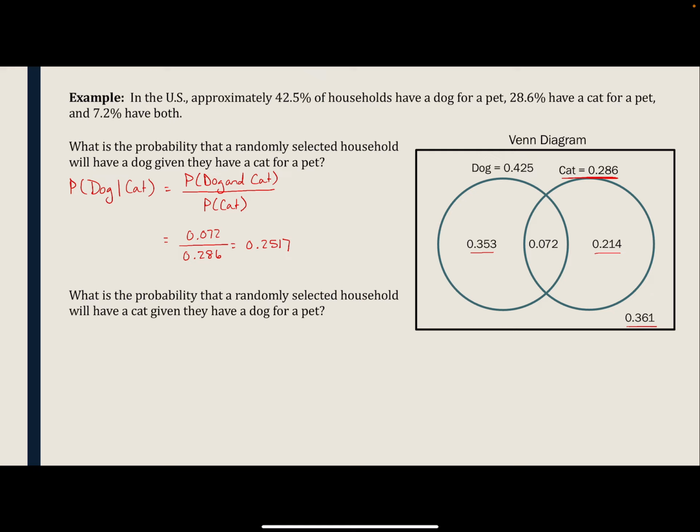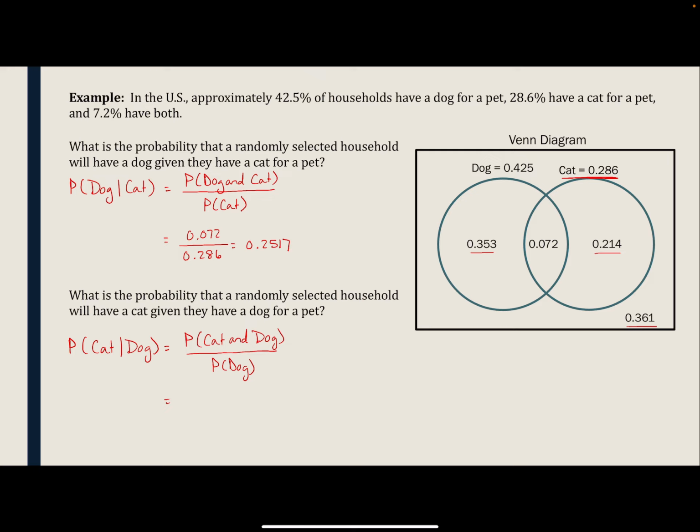The next question says, what's the probability that they will have a cat given that they have a dog? So I just switched them around. I did that because I want you to see that using the formula, this is the probability of a cat and a dog divided by the probability of having a dog.